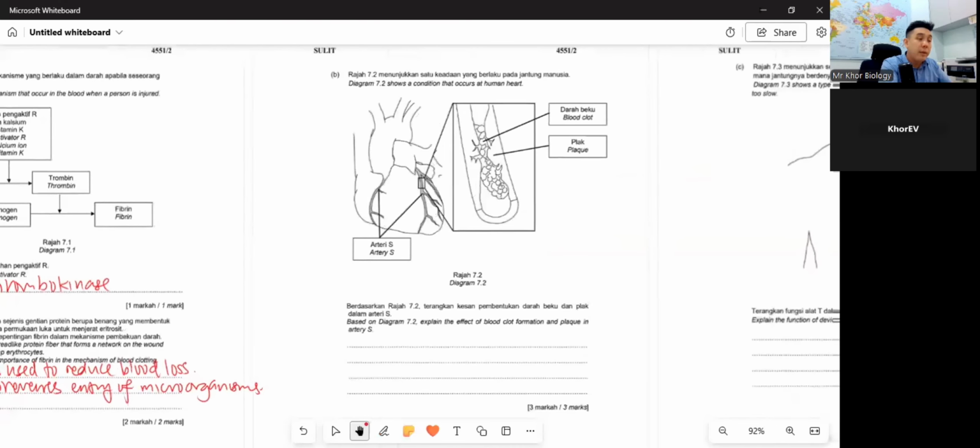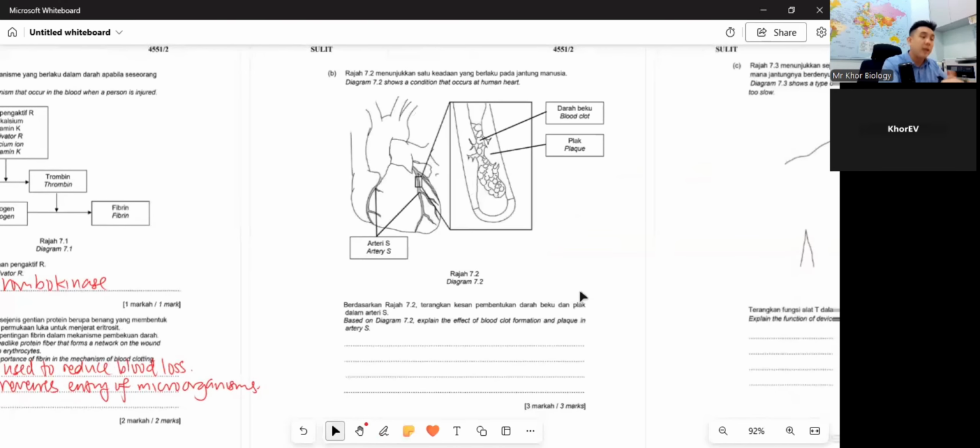This is a very popular question whereby they show a clot in artery S. Artery S is the coronary artery. Guys, this is what contributes to heart attack.